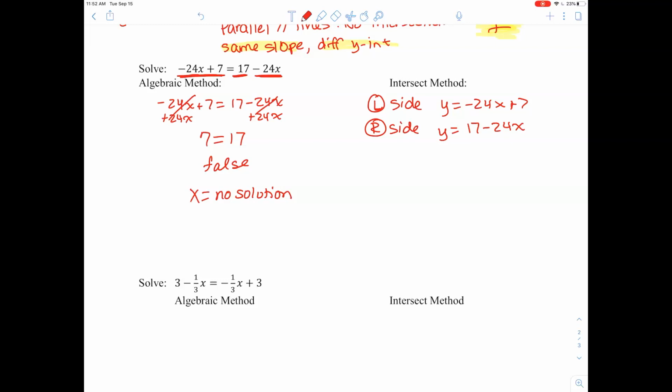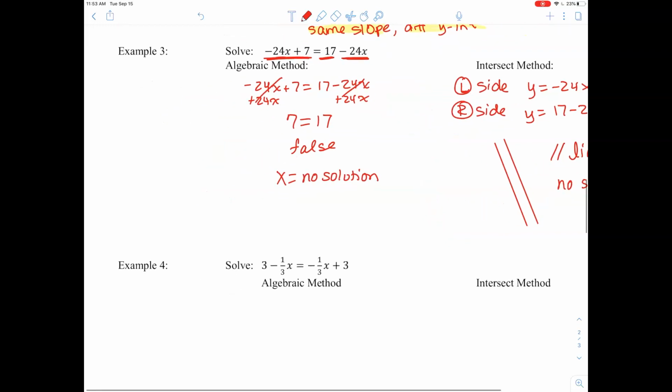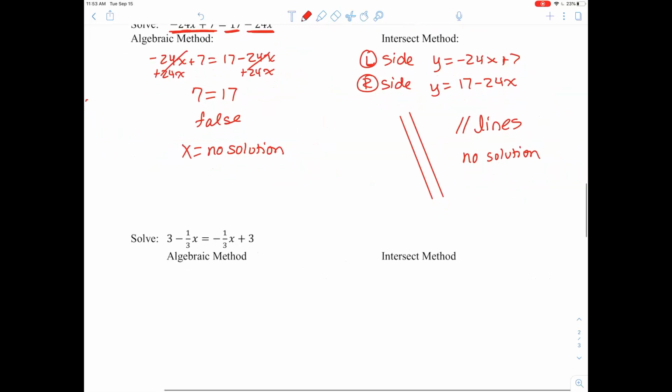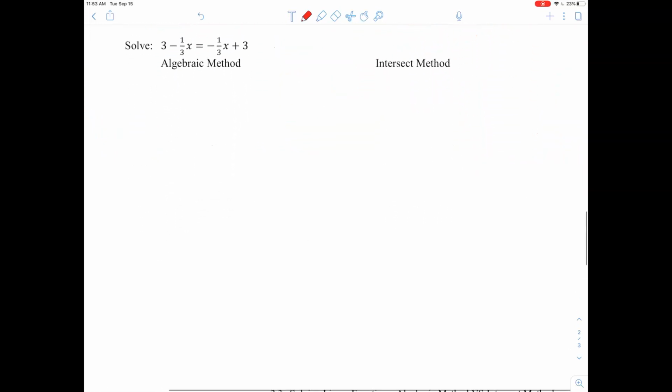Time permitting, I'm not going to have time to actually plug those in, but believe me when I tell you that you're going to get parallel lines. When you graph parallel lines, there's no solution. It is an inconsistent equation. So in your homework today, if that happens, no solution.